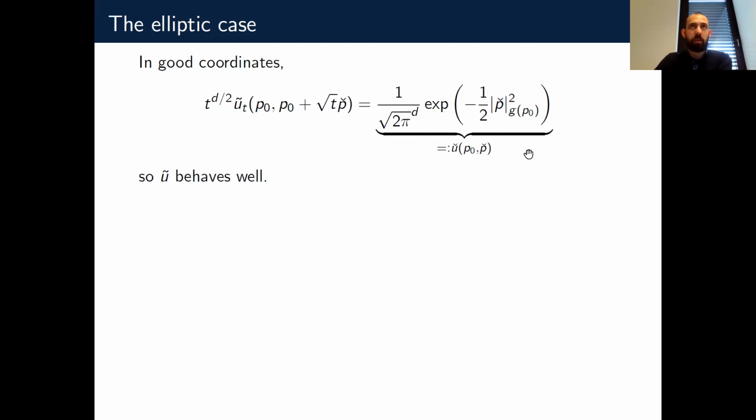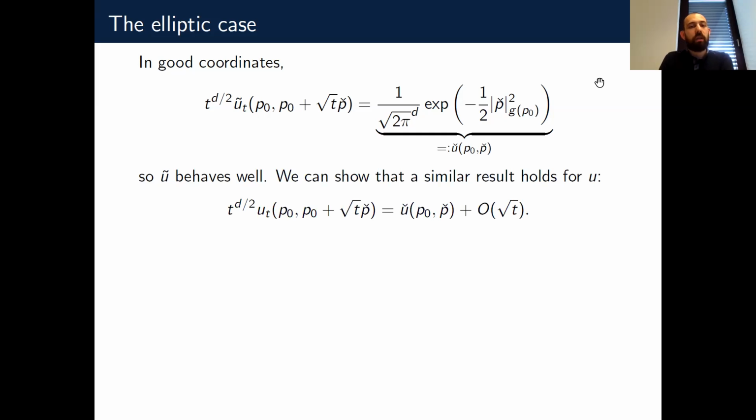It depends on P0 because I'm taking the scalar product compared to the metric at P0, but still very nice. So U tilde behaves well. And what we want to say is that the same holds for U. And in fact, if you remember, I can write a whole expansion of my U. I don't have to stop at square root of T. I can go as far as I want.